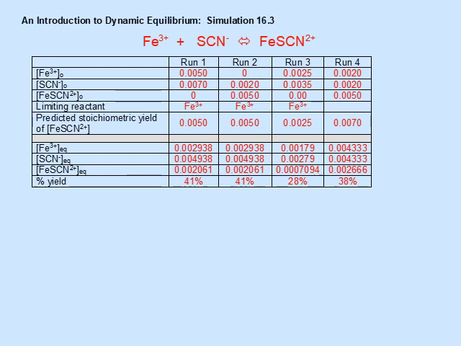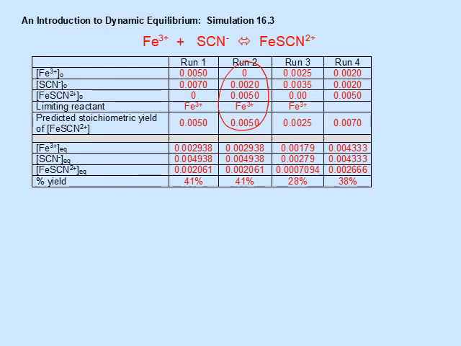If we complete the table for the next 3 runs, we see that none of the reactions go to completion. In run 2, we started with 0 iron 3+, 0.002 molar of the thiocyanate, and 0.005 molar of the product FeSCN2+.